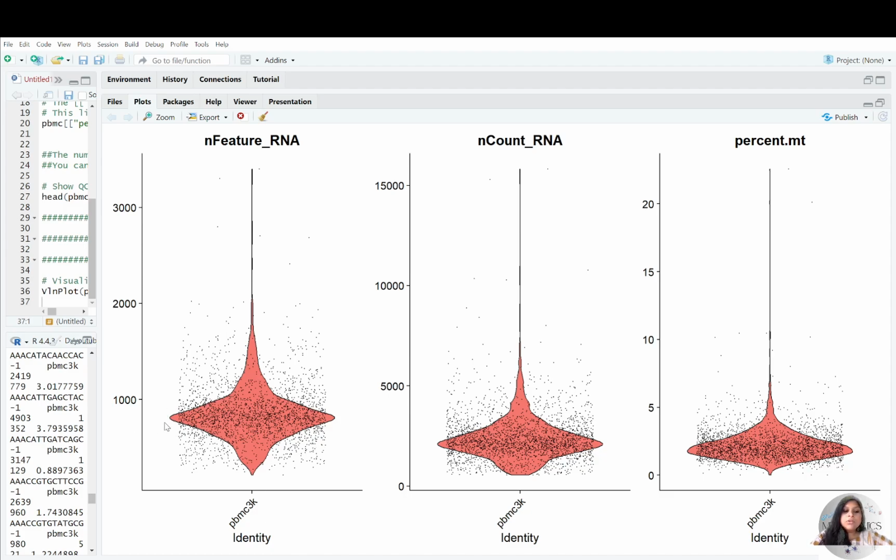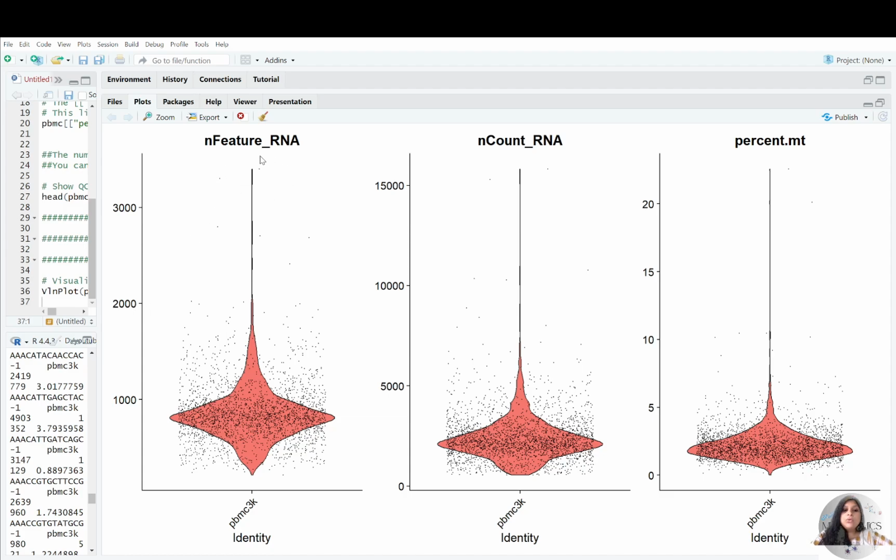So what should be the number? Below 1,000. Most of the cells have genes below 1,000. Some of the cells have the number of genes expressed between 1,000 to 2,000.